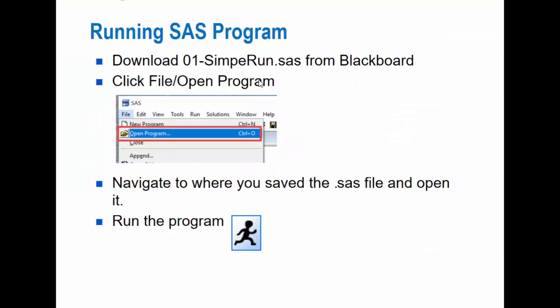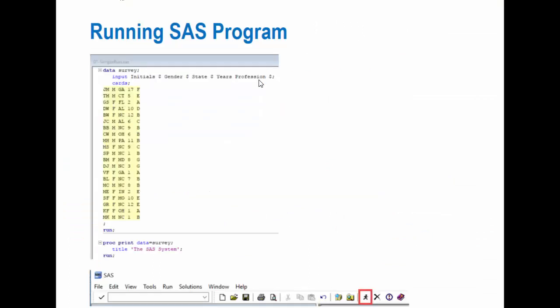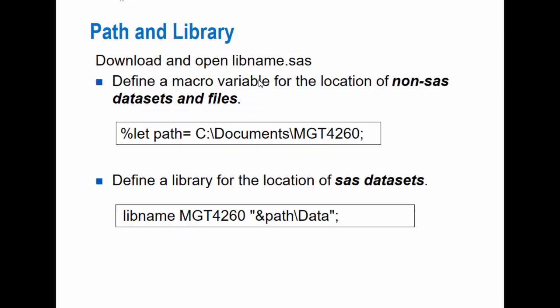So that's how you run the program, right? That's the one that we ran. All right, so here is how you set up a library. What I would do is create this in a separate SAS file, and then every time you're ready to work on SAS, you open that and run that program. That way, these two things will always be there for you.